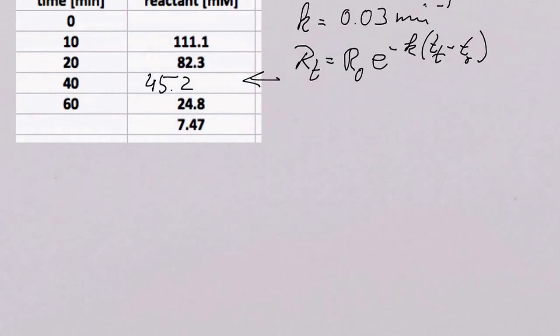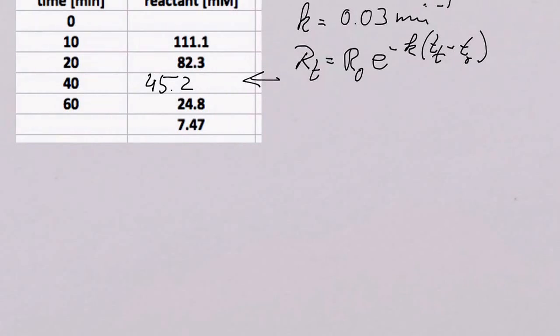And obviously you've done your guesstimate, so you know in this case it must be smaller than 82.3 and it must be bigger than 24.8. Yeah? And then you just simply set up your table again.